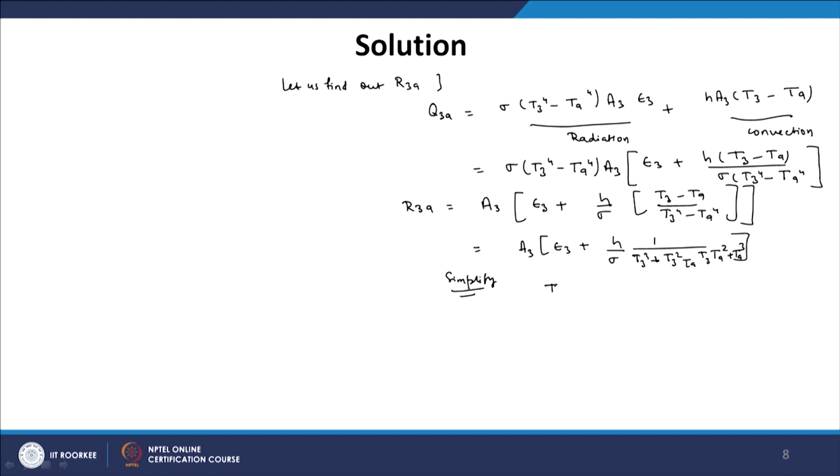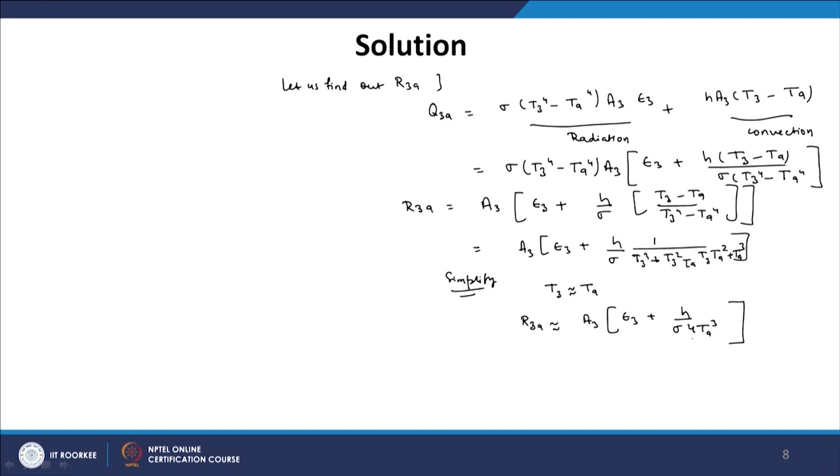by assuming that the temperature difference between atmosphere and this glass plate is not going to be significant, and it is not going to affect the resistance R3A in a big way. So, we assume this value and we just approximate R3A as A3 epsilon 3 plus H sigma 4 Ta cube, where atmospheric temperature is known.